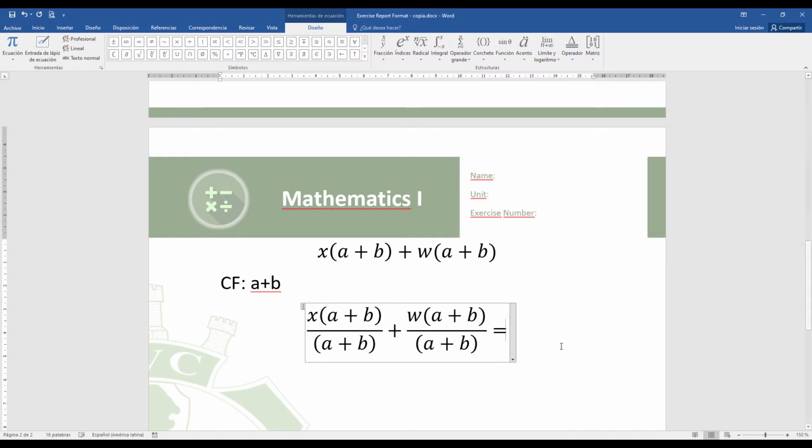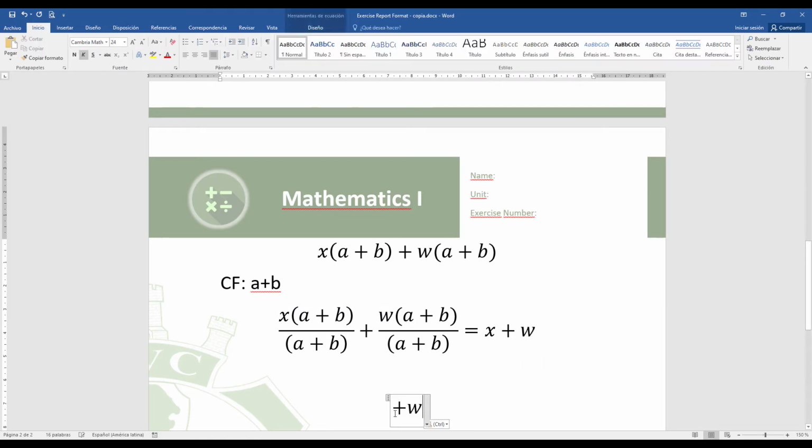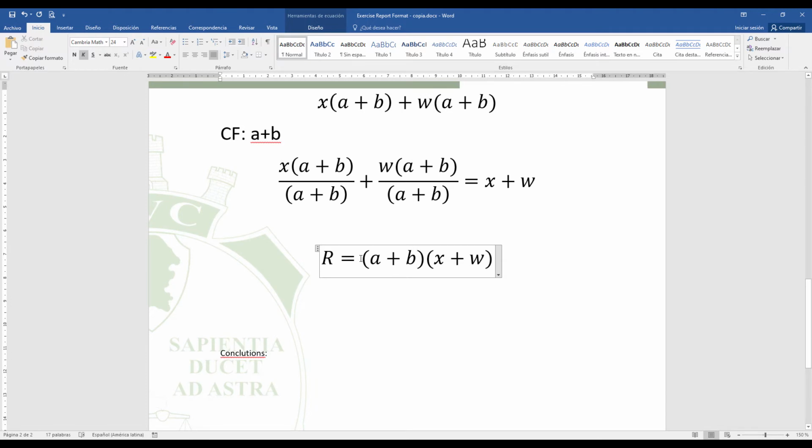Okay, so the result is x plus w, and remember the result is equal to the common factor multiplied by the result of the division.